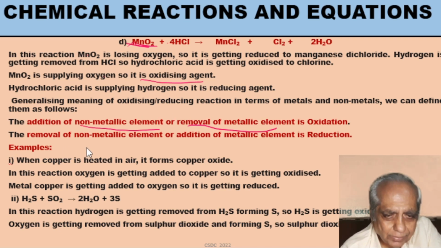Now when copper is heated in air, it will form copper oxide. So oxygen is getting added to copper. What is happening to copper? It is getting oxidized. What is happening to oxygen? It is getting reduced. One substance gets oxidized, the other will get reduced.